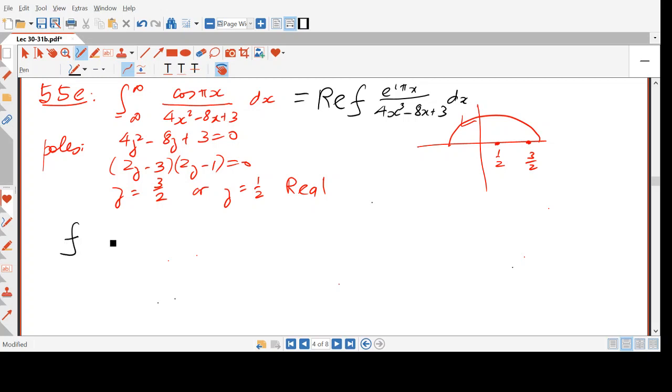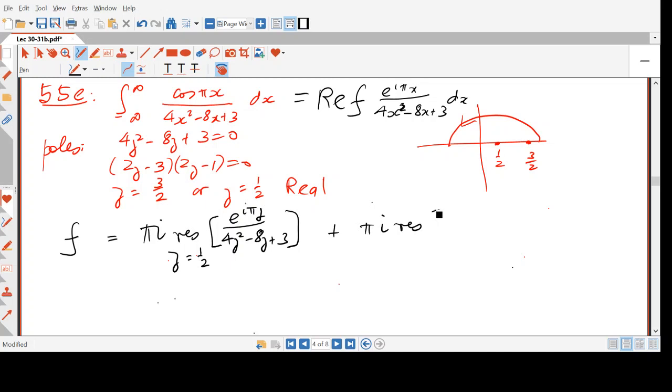So if you work out this part here, the principal value, it will be pi i times the residue of e to the i pi z over 4z squared minus 8z plus 3 at z equals a half, plus pi i again, the residue of e to the i pi z over 4z squared minus 8z plus 3, this time at z equals 3 over 2.